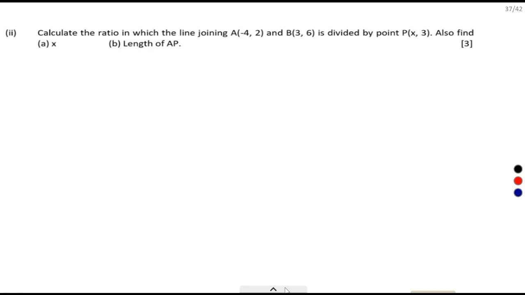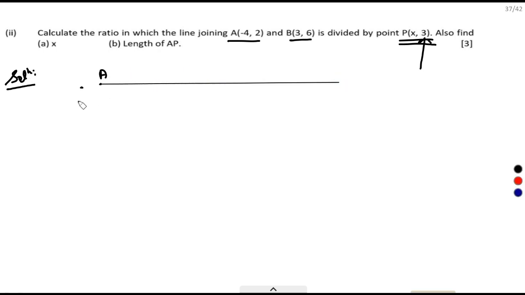Now second part, calculate the ratio in which the line joining A and B is divided by the point P x 3. Y coordinate is given, and with the help of this y coordinate we can find the ratio. Let P divide this line segment in the ratio m1 is to m2.